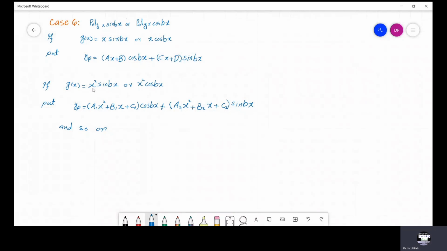By x square we mean any quadratic polynomial, just like we can use ax square plus bx plus c. Still we shall use the same substitution and so on.